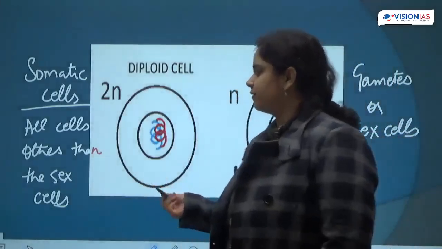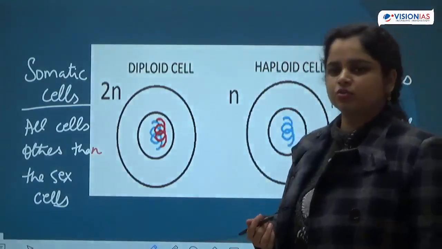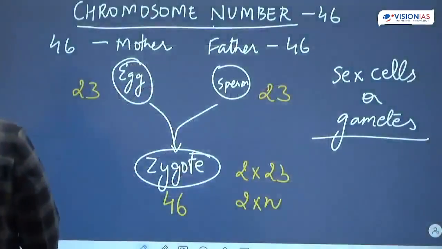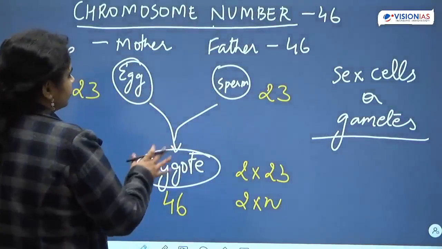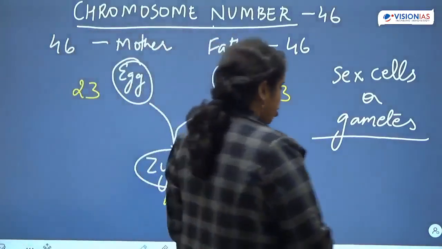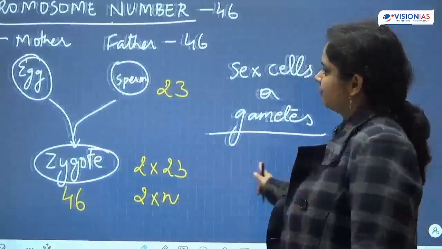Now, further we'll talk and we'll connect this to inheritance. How is this 23 and 23 actually going to be working, or what are the characters which they have?